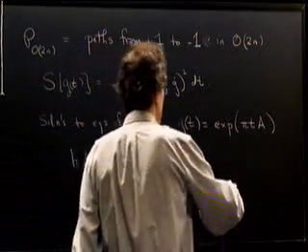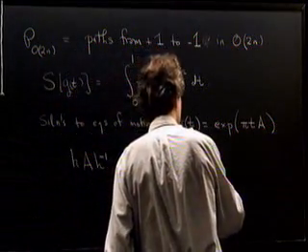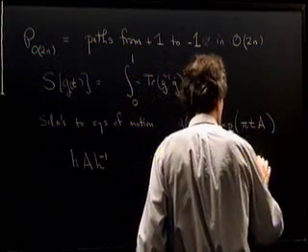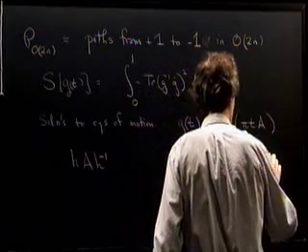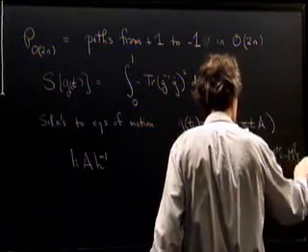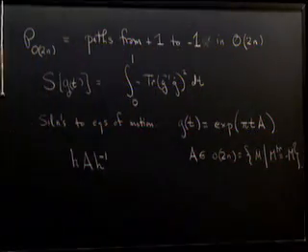Remember, A is in the Lie algebra of O2n, which I remind you is the set of matrices M such that M transpose is minus M.